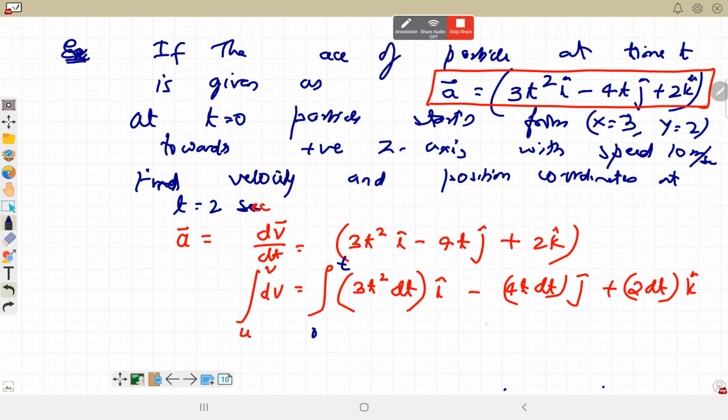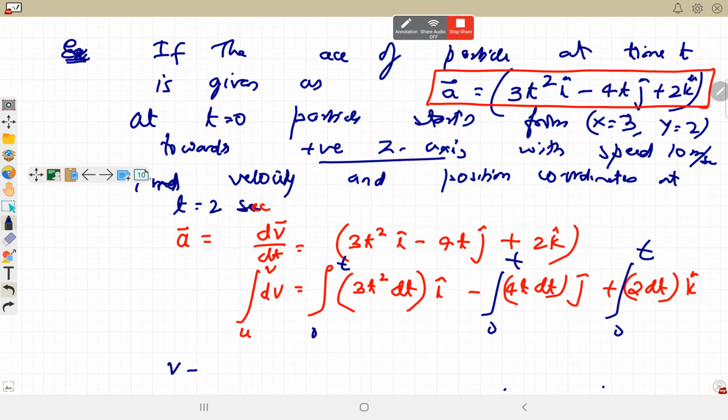Initial u, final v. Initial time 0, final t. We will integrate in t first, and then we will substitute the value of t as 2 seconds. It becomes v minus u, and initially it was moving in the plus z axis with a speed of 10 meter per second, so it is initially 10k. Integrate this: 3 into t cube by 3, limit from 0 to t, i cap. I can do it directly.